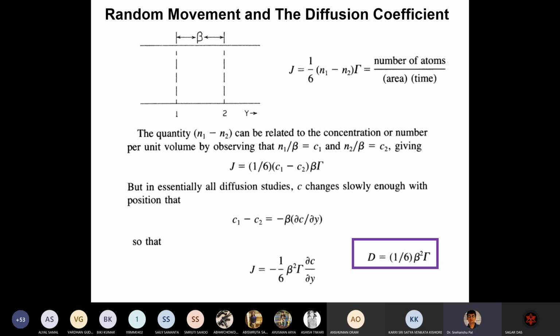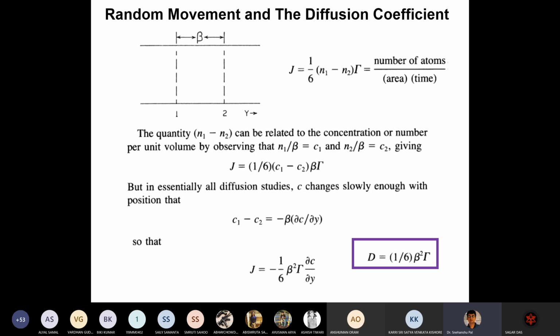Suppose you consider a crystalline bar which has a concentration gradient along its y-axis, as shown in the figure. If you check the figure, this is the y-axis, and along the y-axis there is a concentration gradient for the considered crystalline bar.